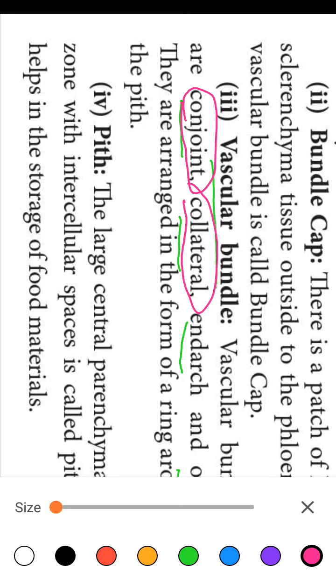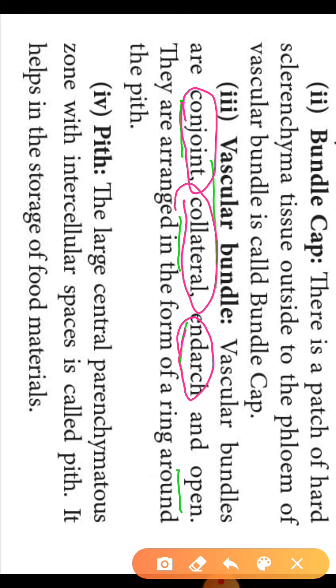Collateral meaning secure. Endarch meaning inner. Arranged in the form of a ring surrounding the pith, that is the innermost part.